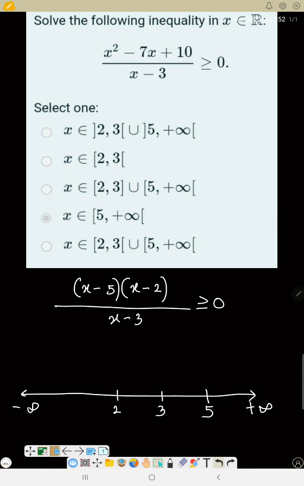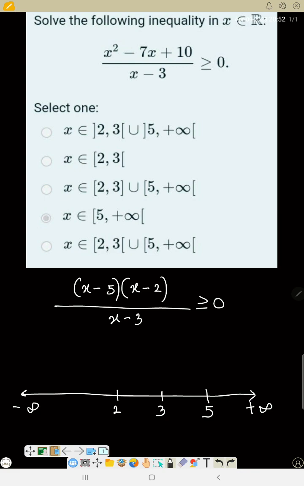For all the critical points, that is, set this to be 0: x minus 5 is 0, x is 5 positive; x minus 2 is 0, x is 2 positive; x minus 3 equals 0, then x is 3 positive. Now what to do next is to test the intervals in each region.